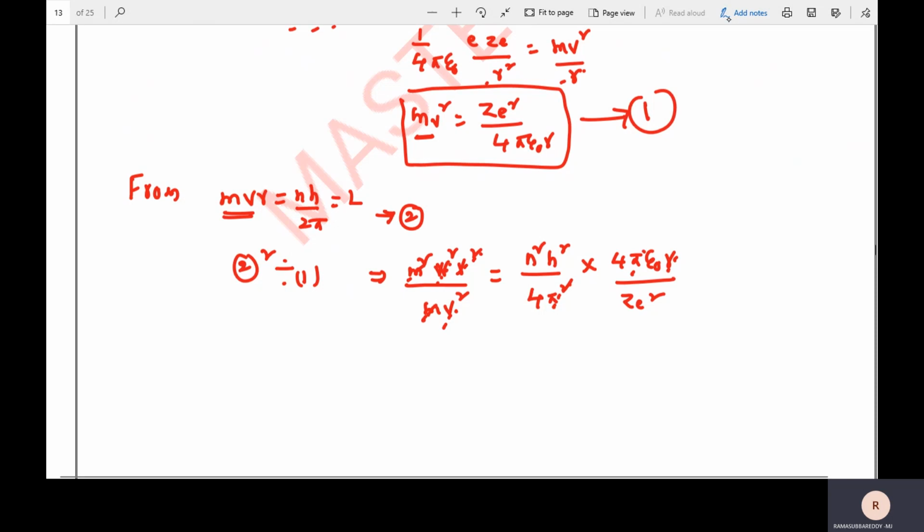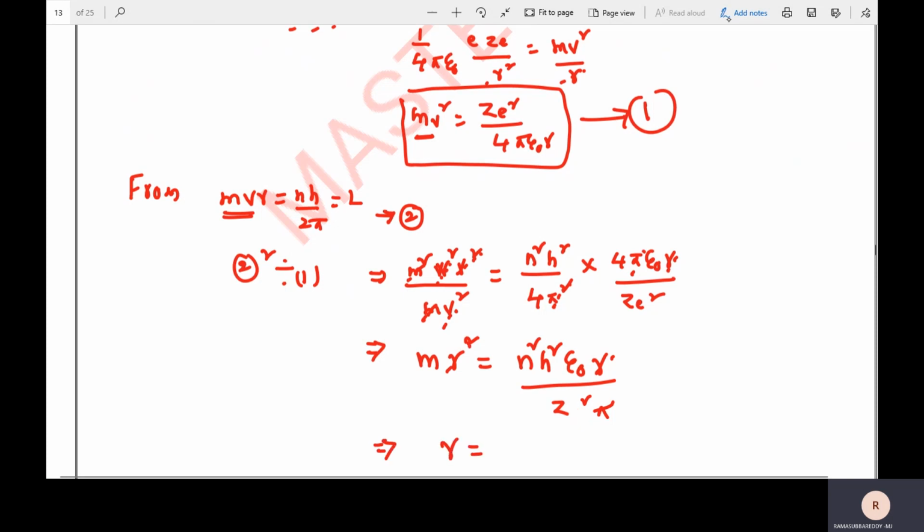Then finally we'll get m r is equal to n square h square epsilon naught, by Ze square pi. If you take this r as it is, again we cancel this one.